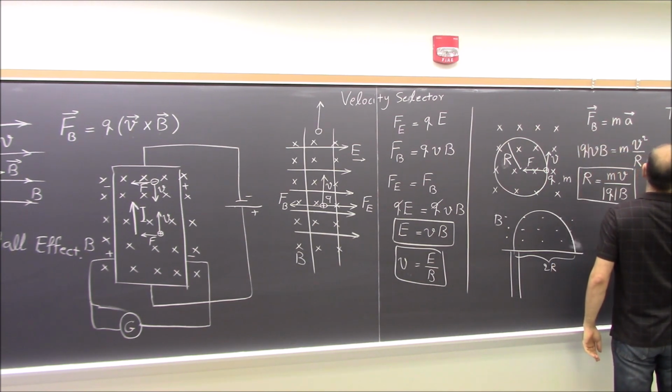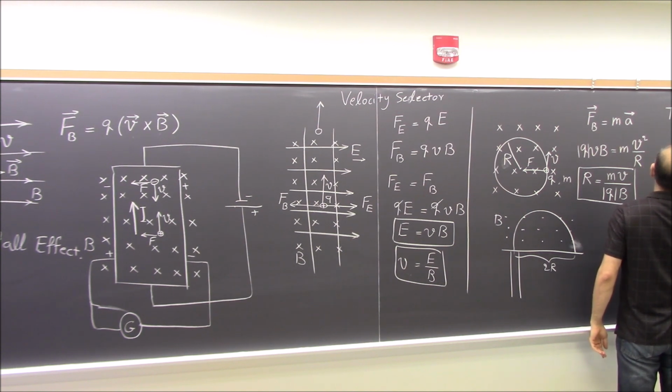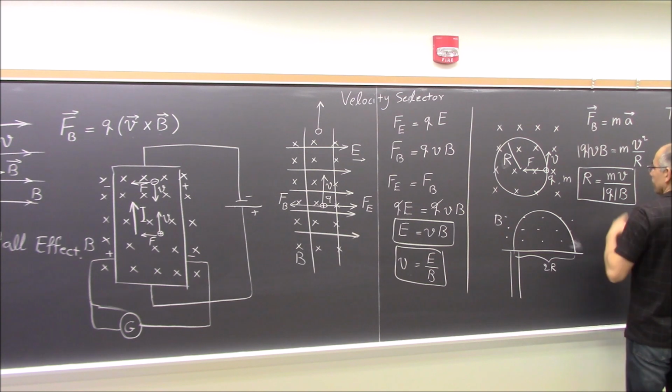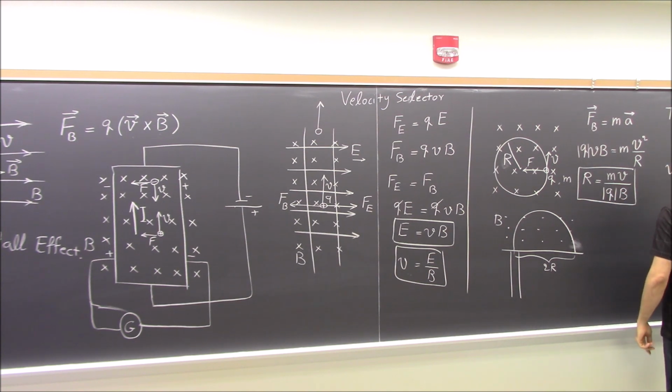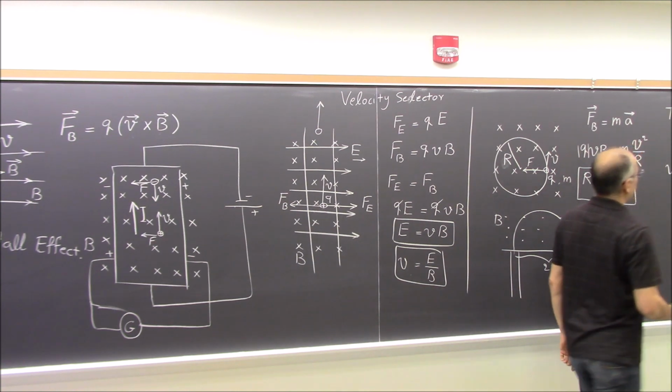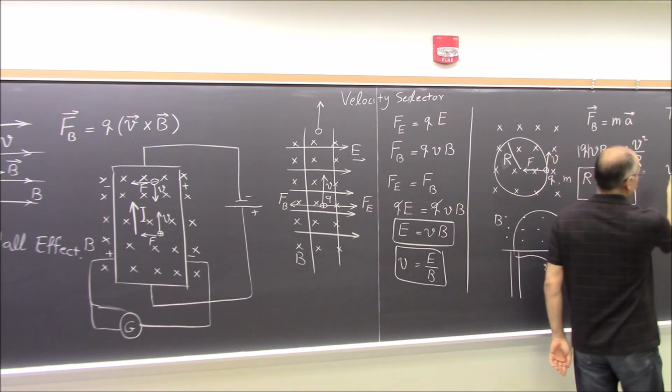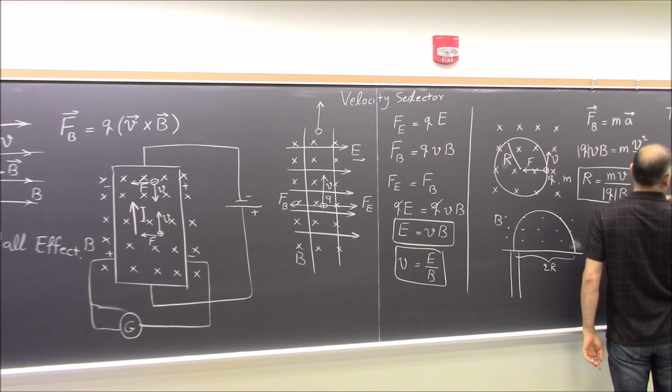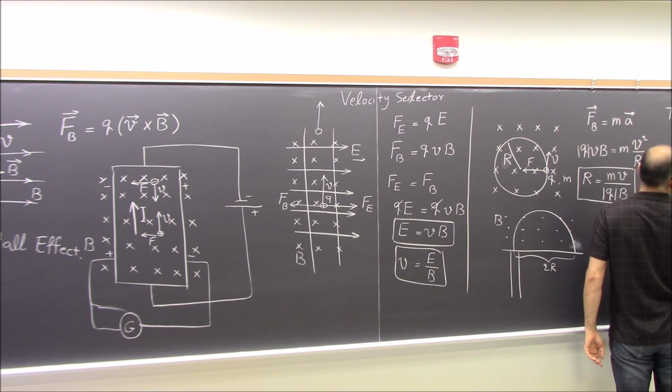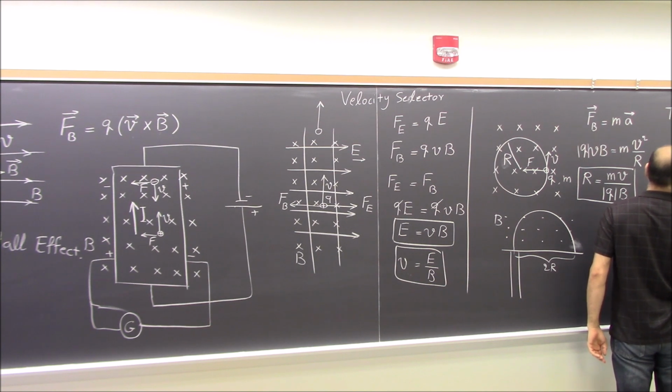If we put V equal to 2 pi over T times R, which is mv over qB, and then V cancels out, you get the time period equal to 2 pi m divided by qB, right?